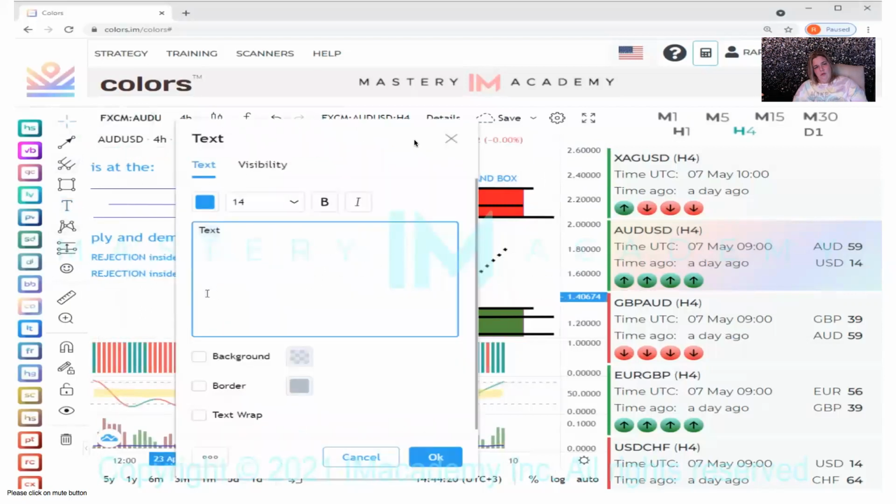Are you ready for this note? Line up the colors and trade when price or candles come out of the supply demand box.